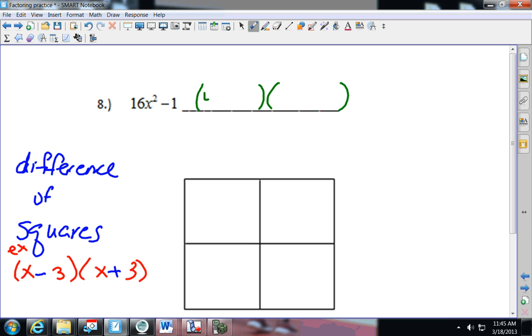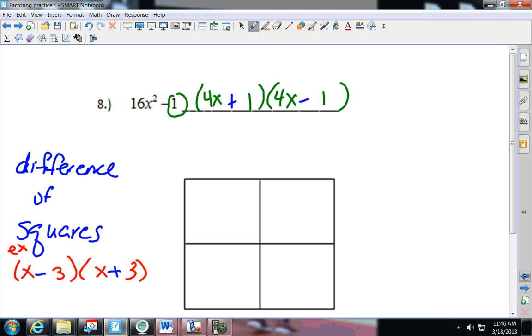So I have 4x and 4x. Now, I know that there's supposed to be a plus and a minus. What are the factors of 1? 1. That's it. 1 and 1. There are my factors right there. Because it's the difference of squares, I know that they're the same, but one is positive, one's negative. That's why I could go through and do this on number 8.